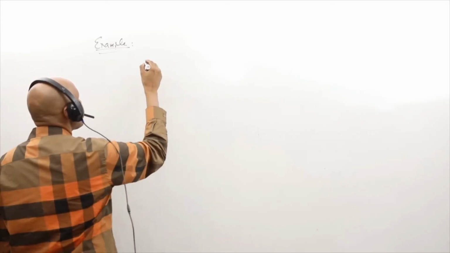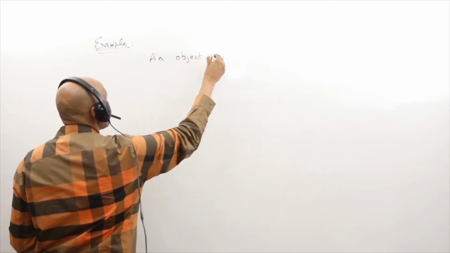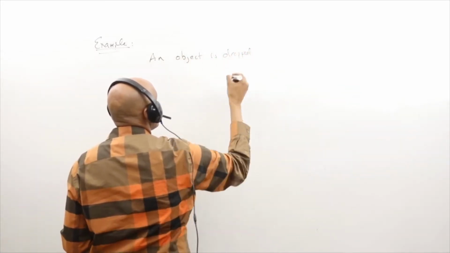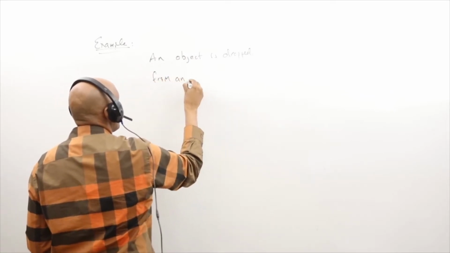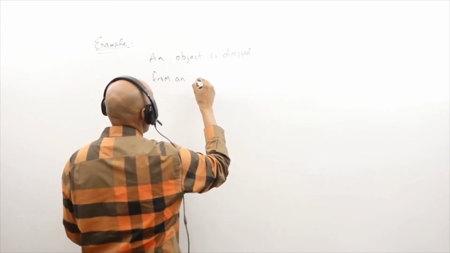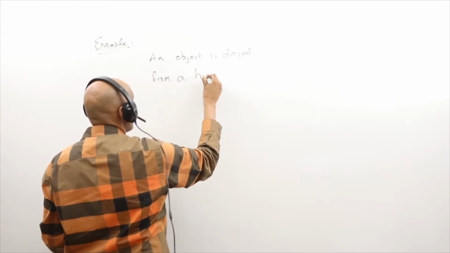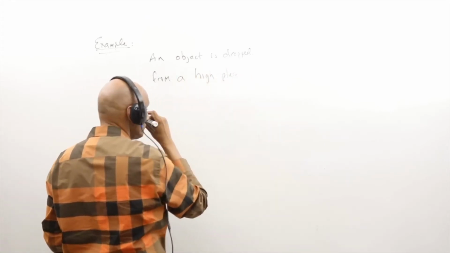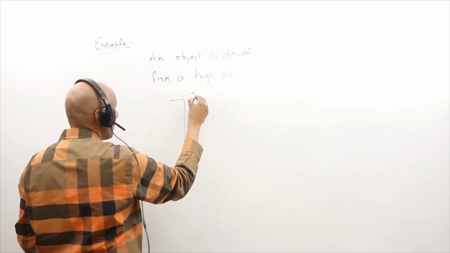So imagine that an object is dropped from, I don't know, some high place, a mountain or something. Let's make it a high place. So here's the object. I hold it and I drop it.